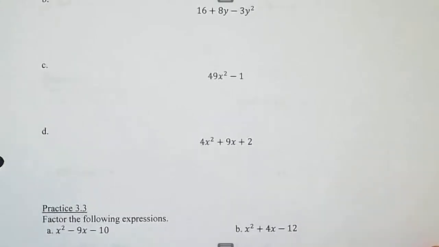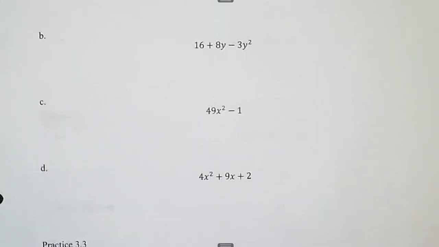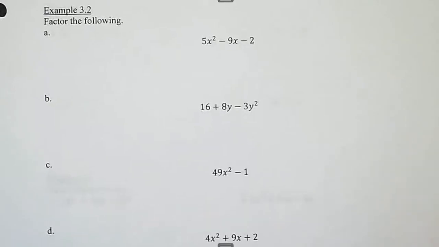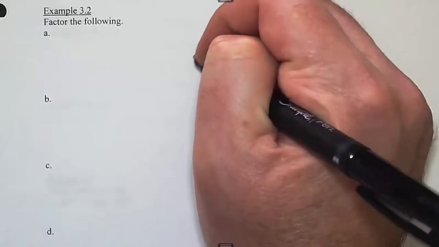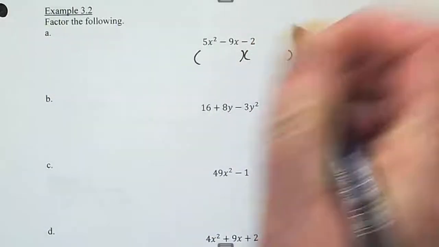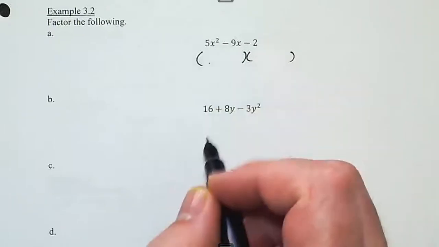Okay, let's look at some more example problems. I've got 5x squared minus 9x minus 2. Unfortunately, there's nothing I can do to get that 5 out of there, right? I can't factor it out, so we're just going to have to play with it. That's all right. What goes here and here multiplies to 5x squared.